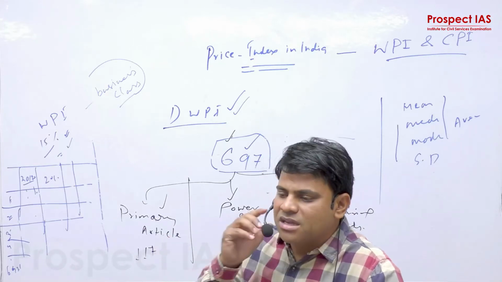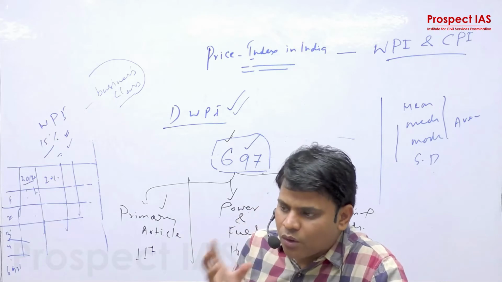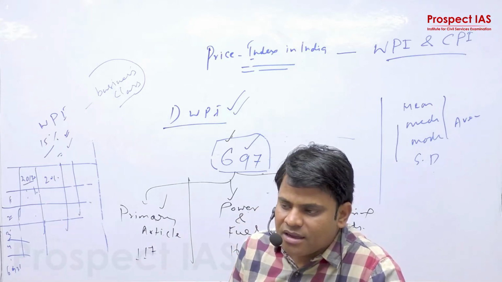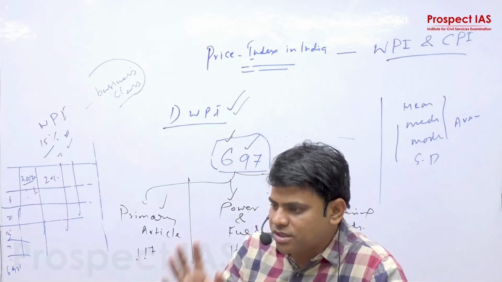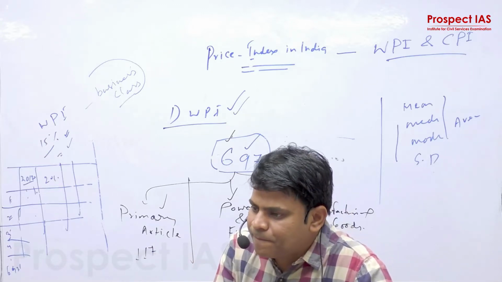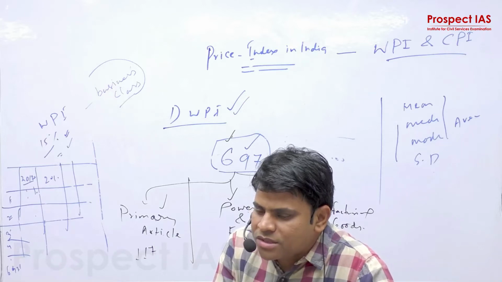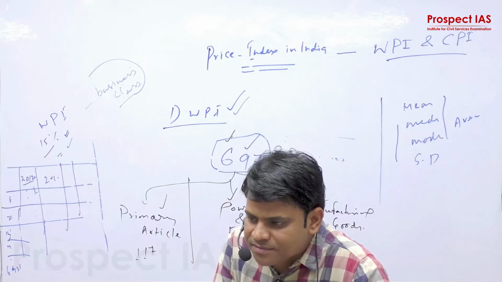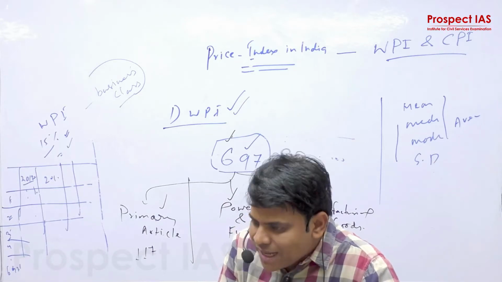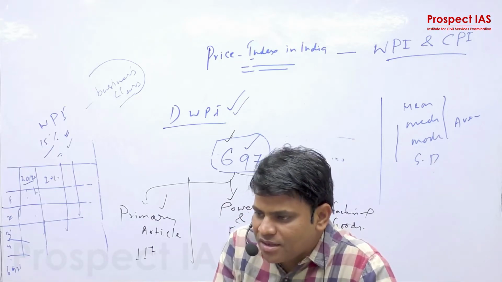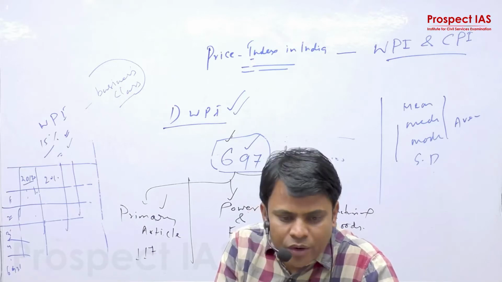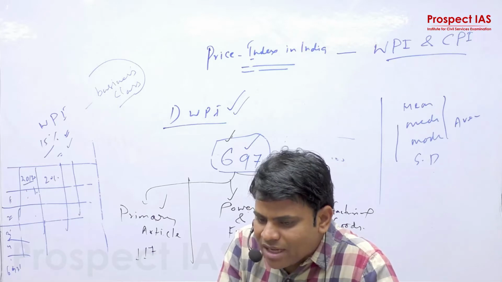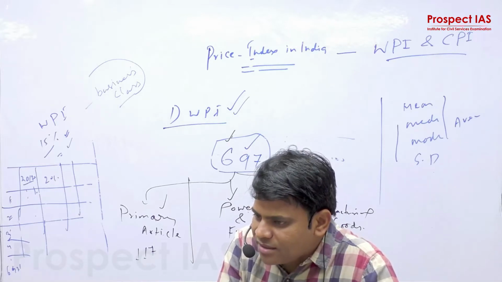Primary articles are those articles that we procure, that we obtain using natural resources, right? Or something that we acquire from nature is called primary articles. Like all the agricultural output, since they are being procured using natural resources, so agricultural output is a primary article, right?